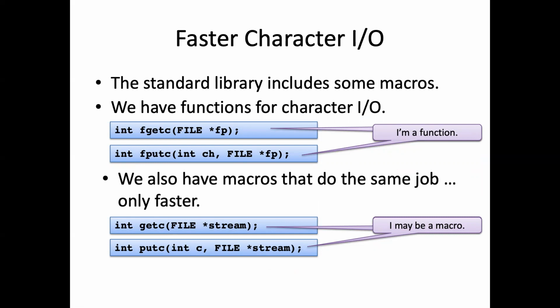There are good friends of these functions with slightly shorter names, getc and putc, that do exactly the same thing, except they might be implemented as macros. If you look at the documentation for fgetc, you'll probably see its good friend getc that does the same thing. It gets a single character from whatever file you give it and returns it. But instead of calling a separate function, these two are typically implemented as macros, which means they could be a lot faster.